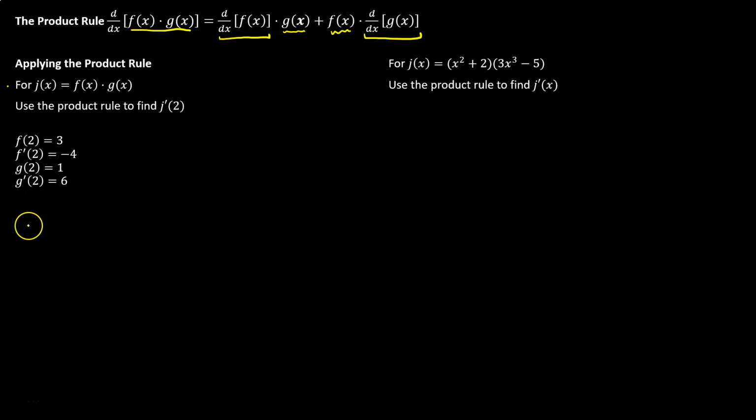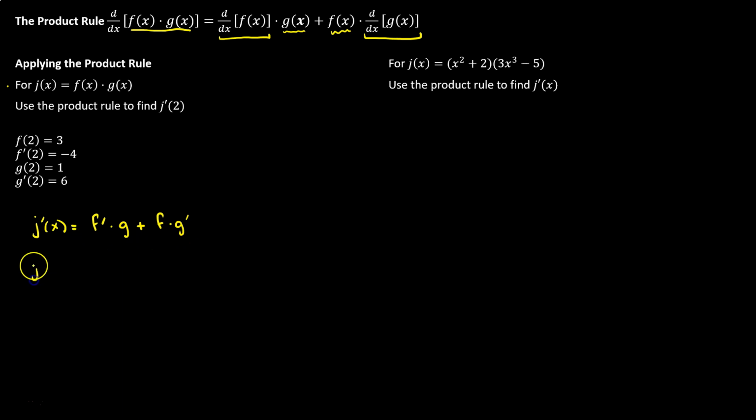So even if we weren't asked to find j prime at 2, we know that j prime, the derivative for a function j that has a product of f and g, that would look like f prime times g plus f times g prime. So the derivative of the first function times the second function plus the first function times the derivative of the second function.